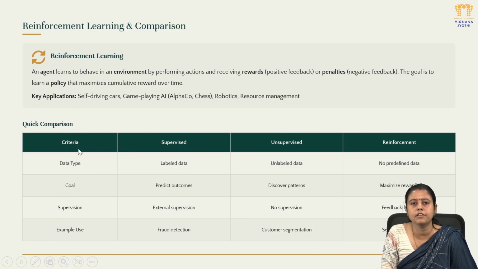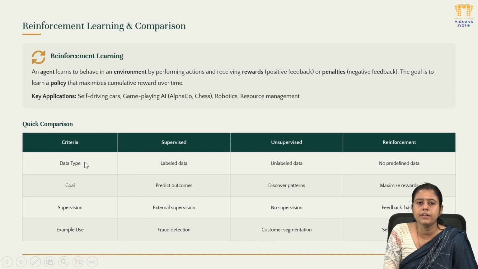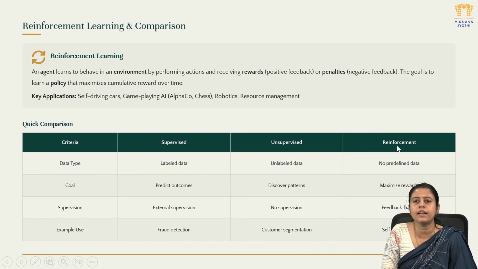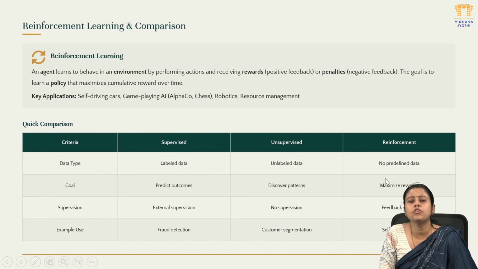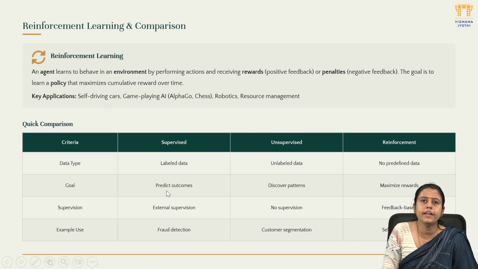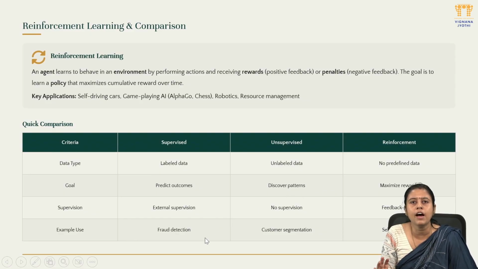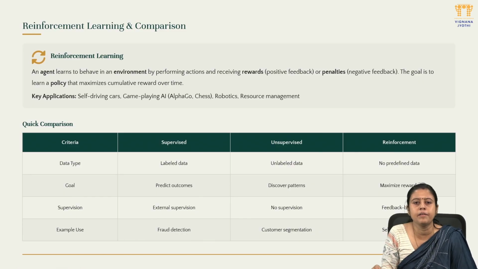If we ask for a quick comparison, the data type for supervised is labeled data, for unsupervised it is unlabeled data, and for reinforcement there is no predefined data set. Then what is the goal? Predict the outcome, discover the pattern, and the main goal of reinforcement is to maximize its rewards so that it can go for a self-learning environment.